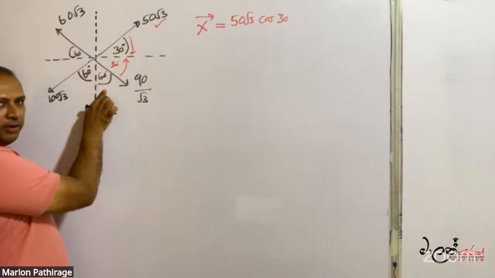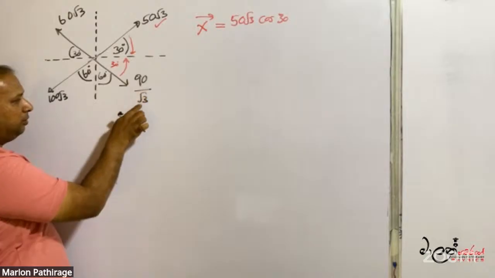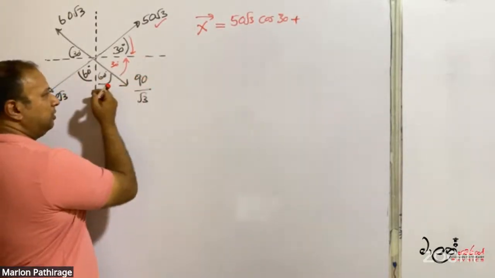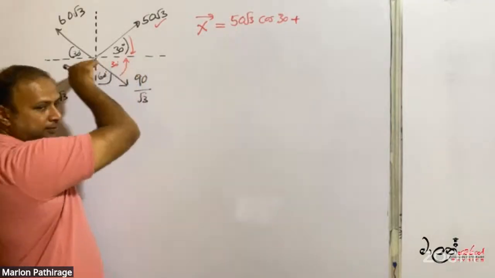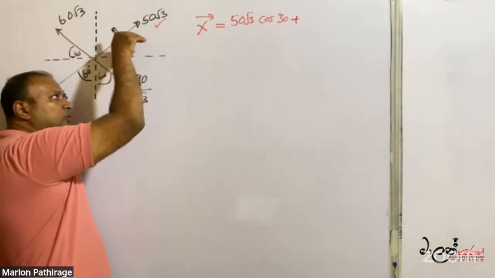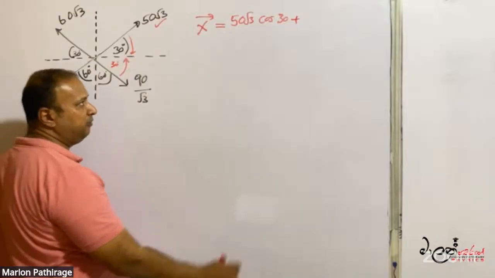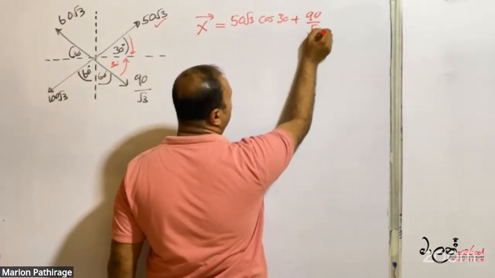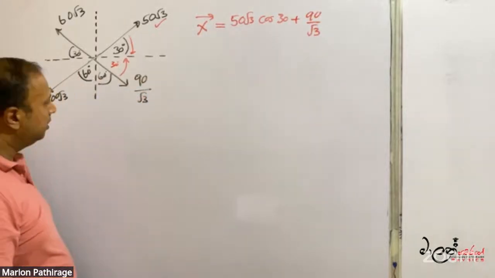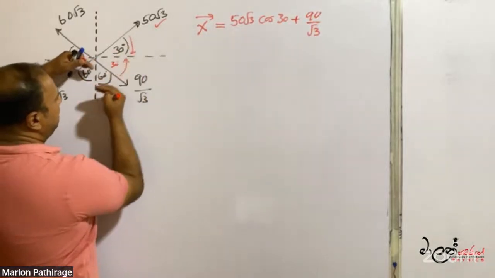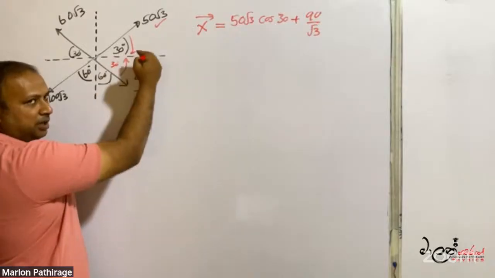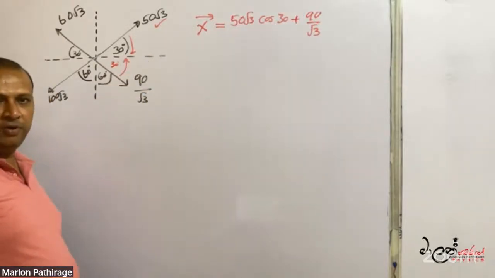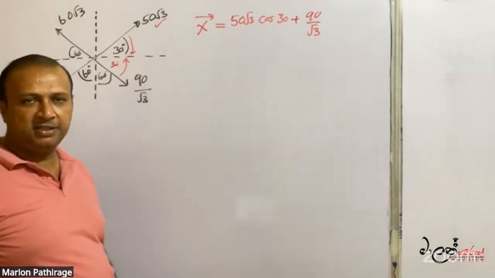If you resolve this one into x direction, it will be directed towards the positive direction. Therefore, it will be plus 90 over root 3 cos 30, because this angle is 30, cos 30 or sin 60. Both can be okay.